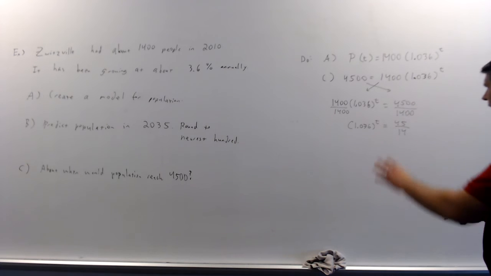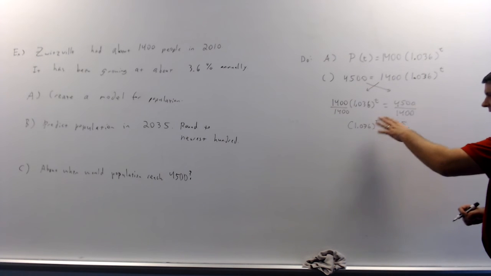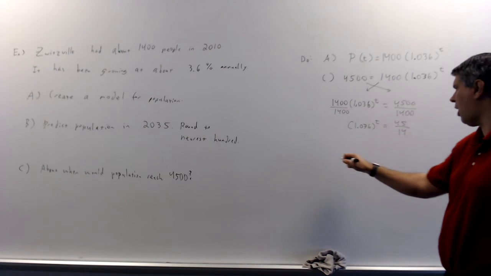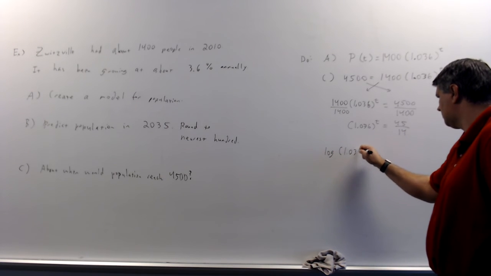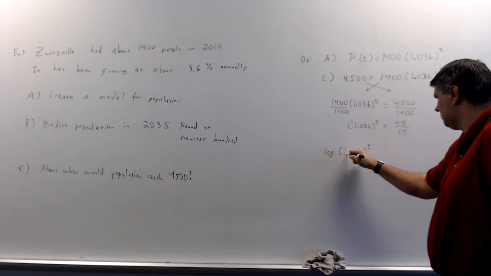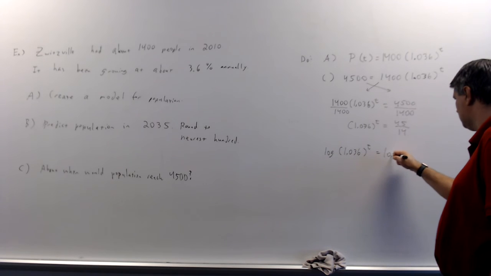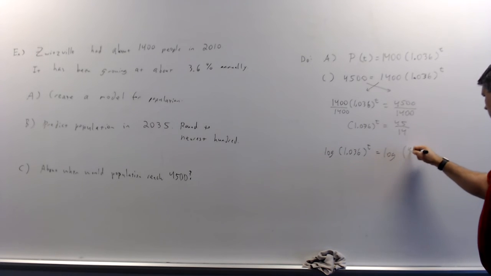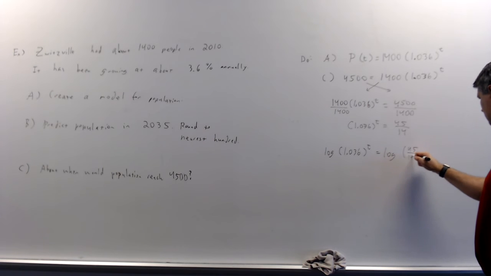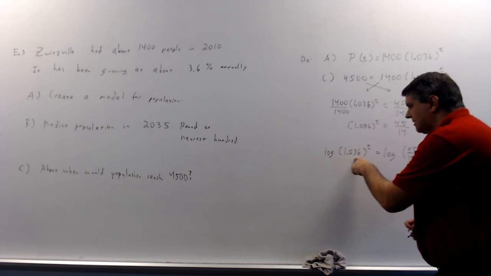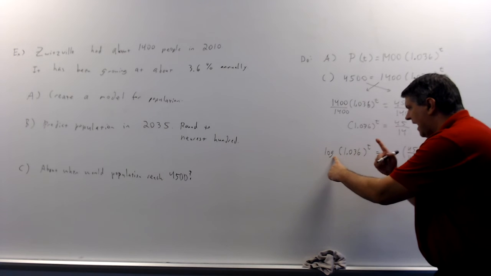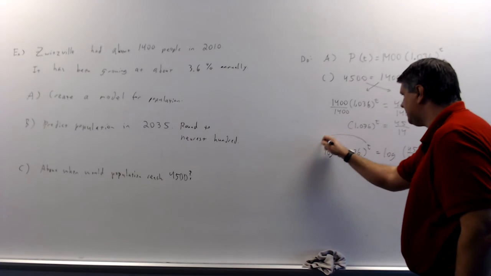That is a base other than 10. That's a base other than e. So I'm going to use the common log, which is base 10. If I take the log of this side, I have to take the log of that side. Now, since this is base 10 and that is not 10, I will take the t to the front.